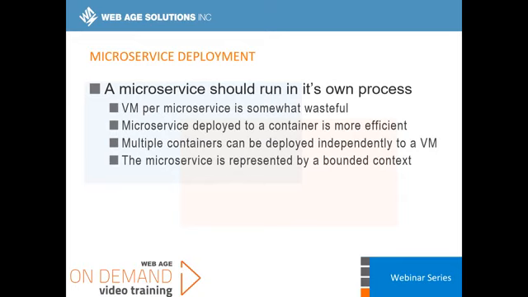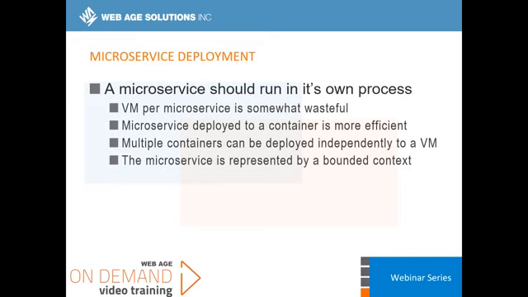So to finish up, a microservice should run in its own process. Now, at one point in time, early in the microservice world, that meant a microservice per VM. That's somewhat wasteful in a number of aspects.